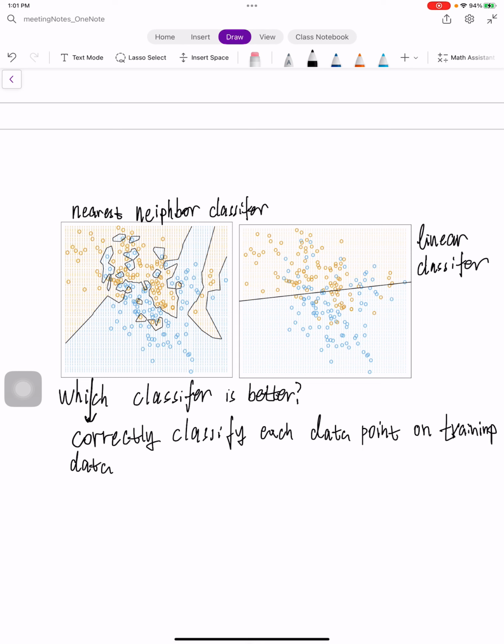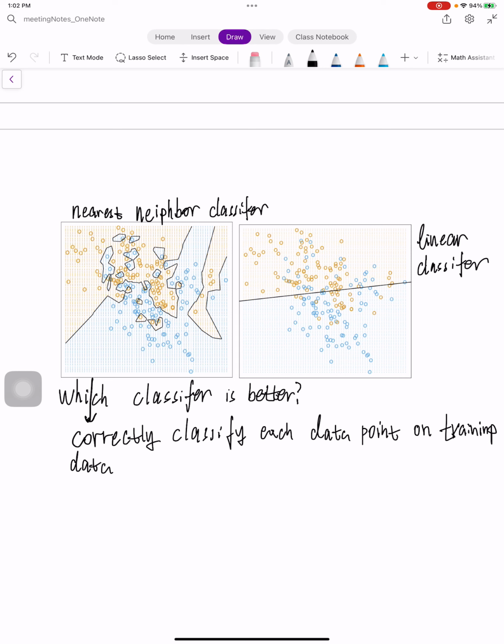For example, each blue circle means a reliable applicant, a reliable debtor, and each blue dot is classified as blue if we apply this algorithm, and each orange one, a defaulted debtor, is classified as a defaulted one. On the other hand, the linear classifier doesn't satisfy this rule, right?